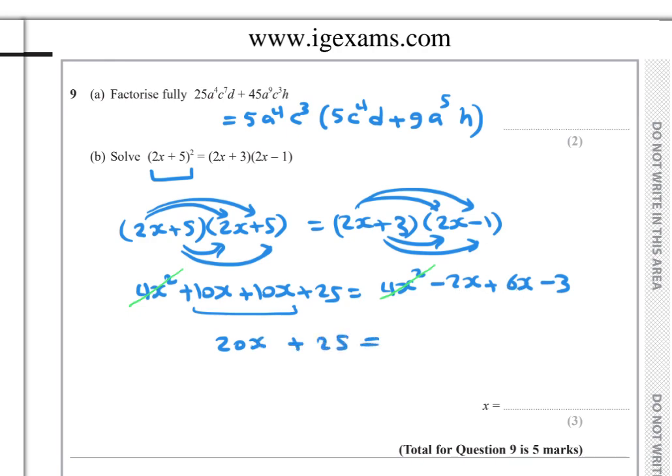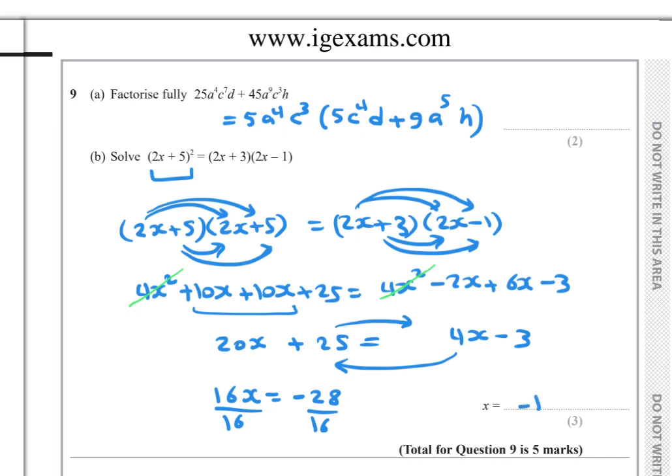Negative 2x plus 6x is 4x minus 3. Now transpose 4x to the other side and 25 to the other side. So 20x minus 4x, 16x. Negative 3 minus 25, negative 28. Divide by 16, so x equals negative 1.75.